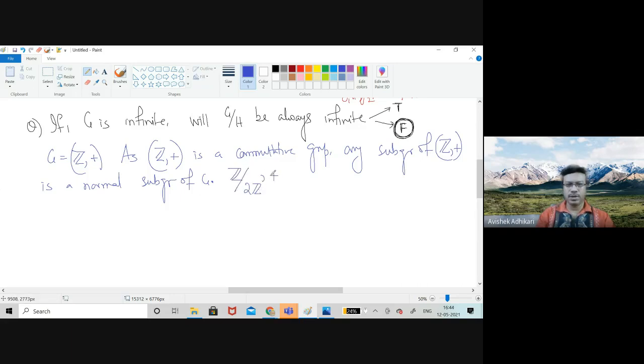And with respect to this addition, how is this addition defined, how do the elements look? So the first element, say n1 plus 2Z, is the first element. It was dot, remember it was dot in my last example, but now I am dealing with plus. And if I again write the plus, note that this is a set, and I am considering say n2 plus 2Z, but I am using the same plus.